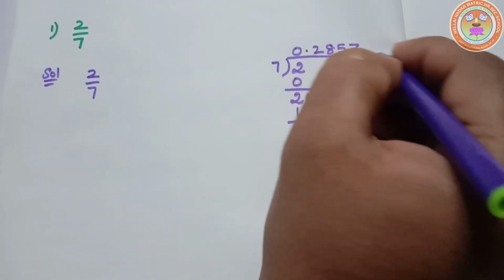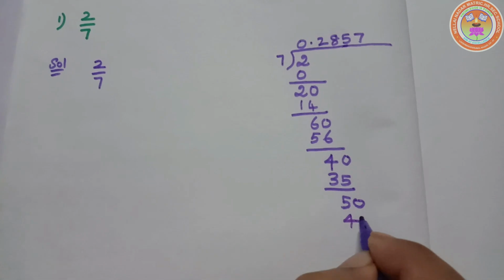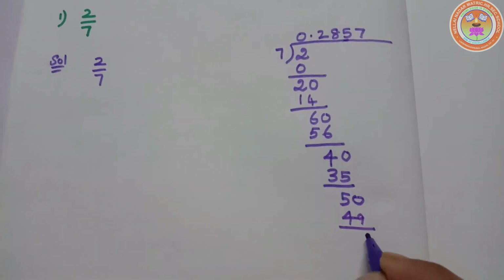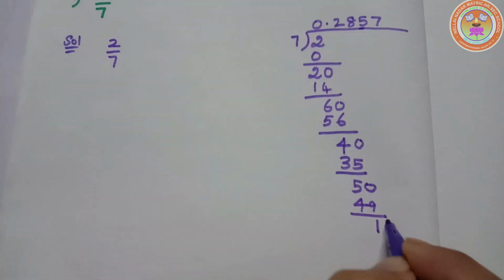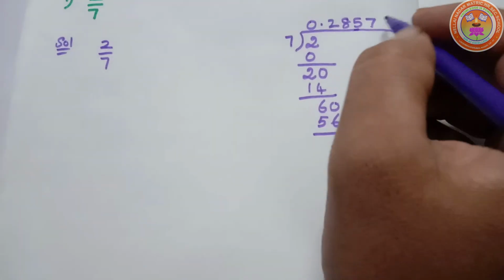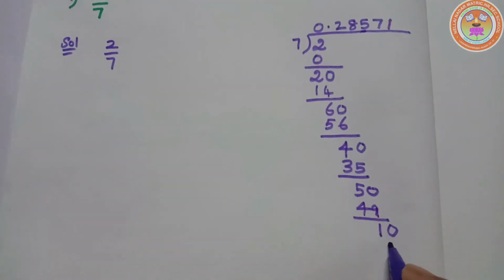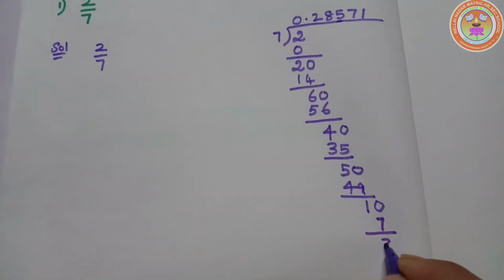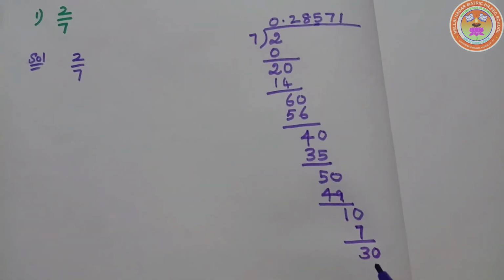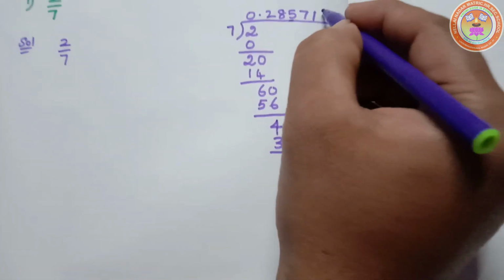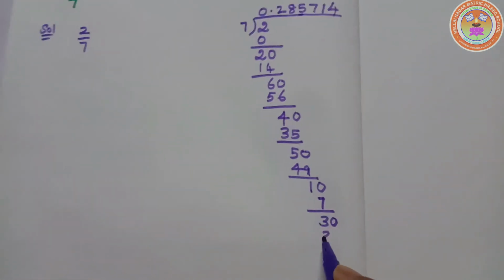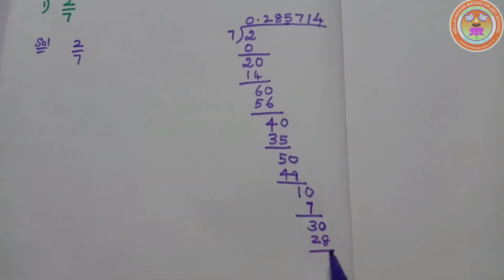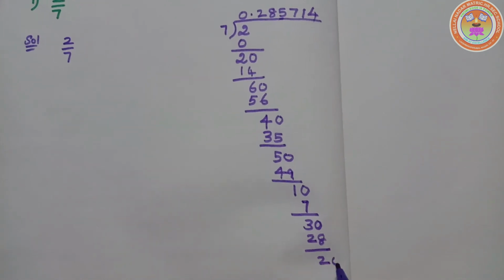7 sevens are 49. Balance 1. Take 0. 7 how many times 10? 1 time. 7 ones are 7. Balance 3. Take 0. 7 how many times 30? It goes 7 fours are 28. Balance 2. 0.